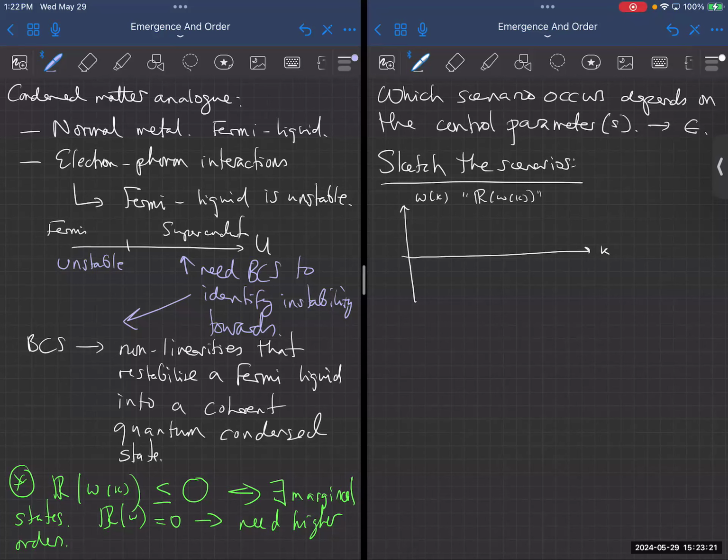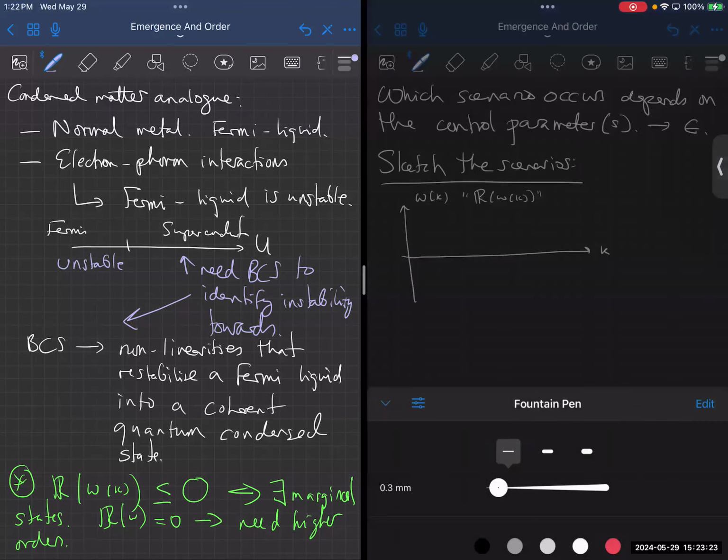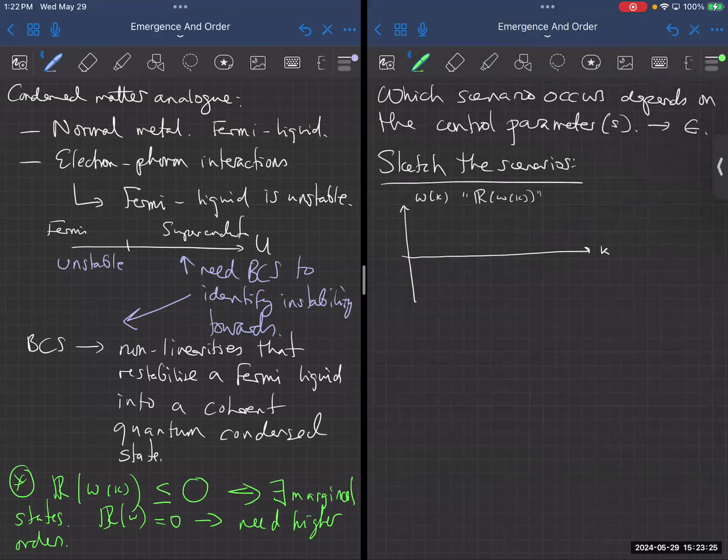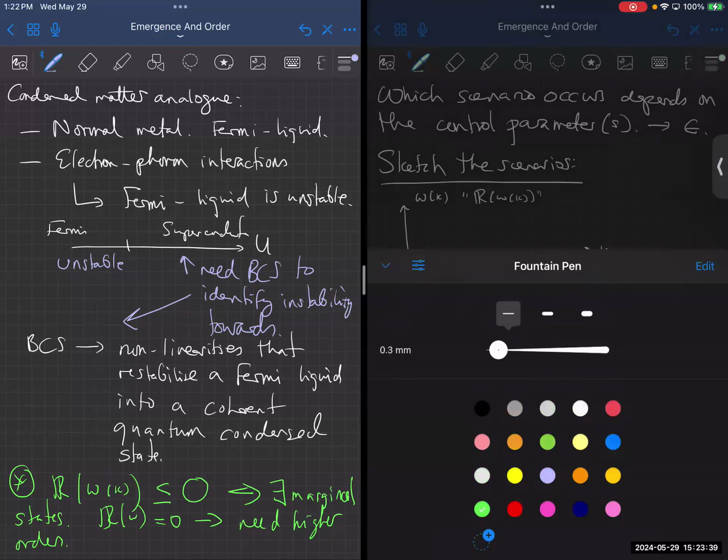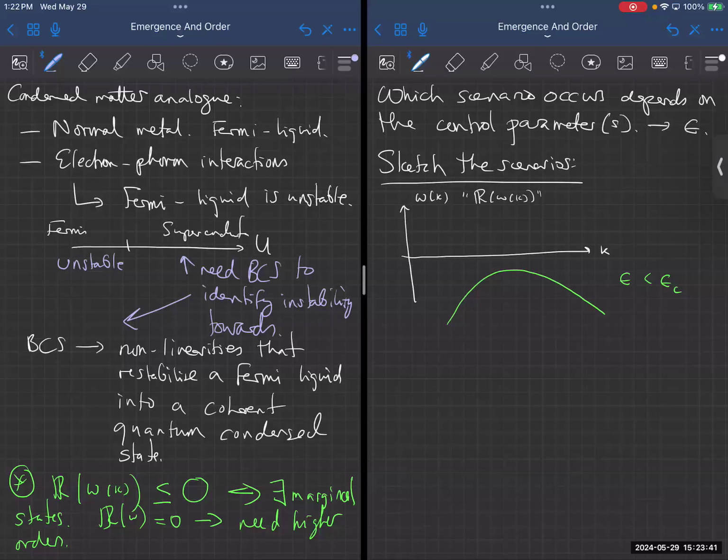So this is the first scenario. Here's the eigenvalue spectrum of the operator L, and this is a case where epsilon is less than the critical value. So all the modes have real part that is negative, so they all decay.